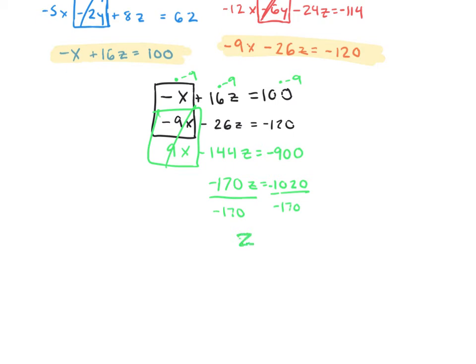What can we do with it? Plug it into one with two variables. Awesome. So we can either plug it into the blue one or the red one. The blue one looks a little bit smaller, so let's plug it into the blue. So we're plugging it in for z. So this is negative x plus 16 times 6 is equal to 100.